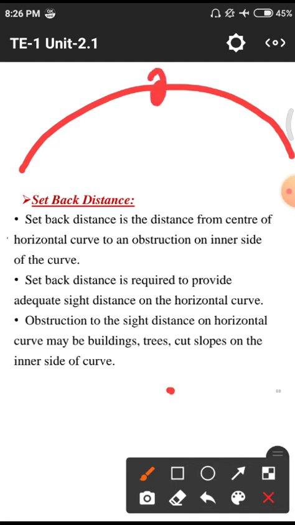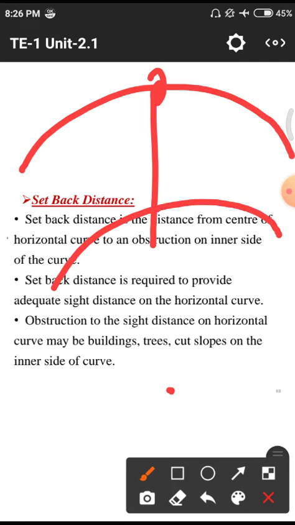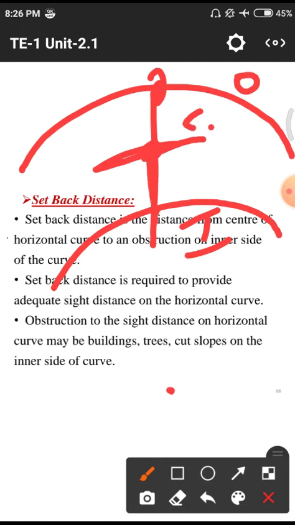From this point to the inner side of the curve, that means this is the total road we are having. This is the inner side and this is the outer side. From this center point to this point we have the setback distance. This is the setback distance.